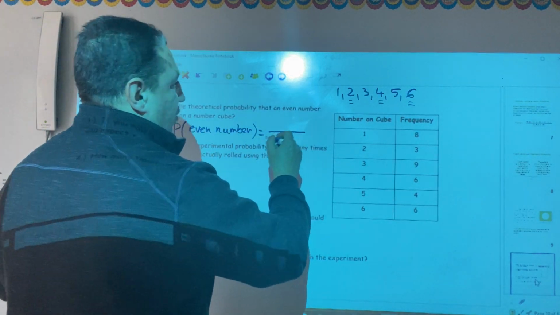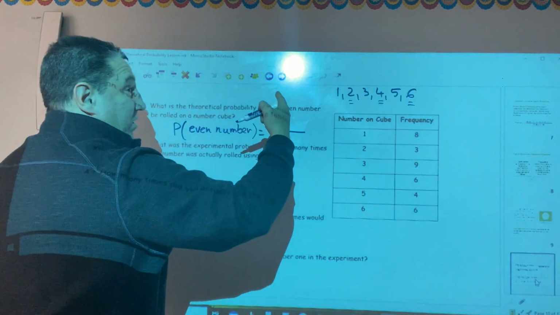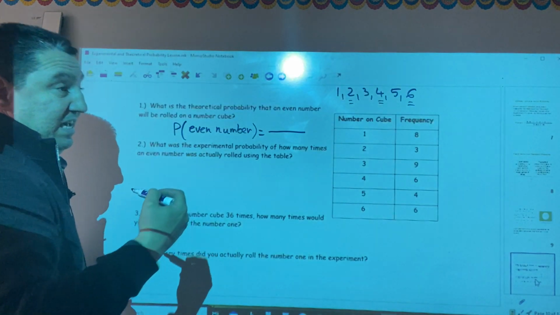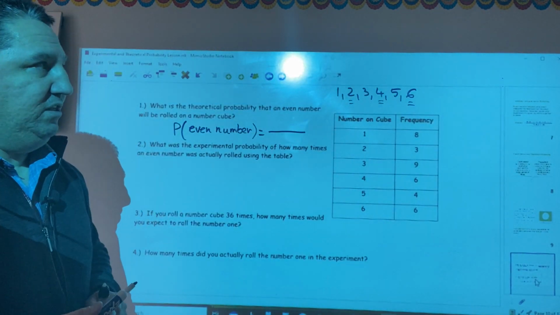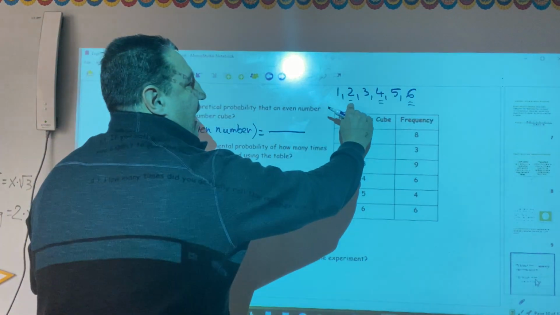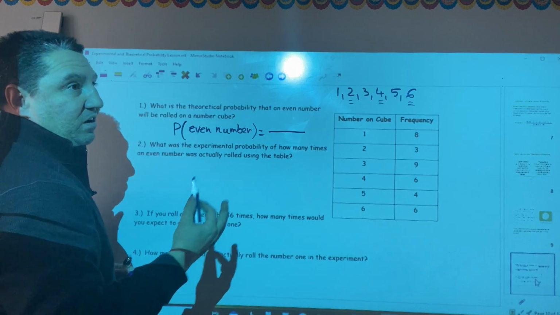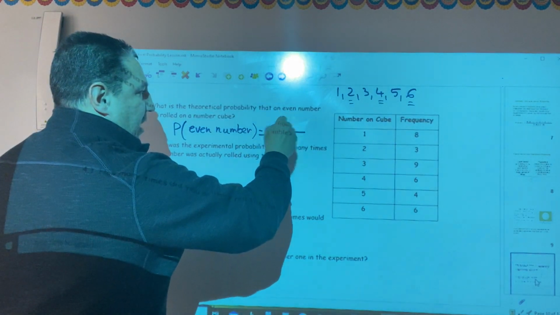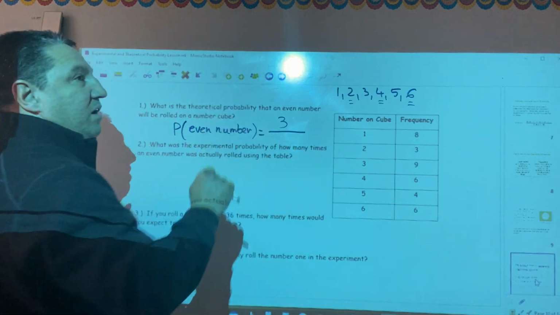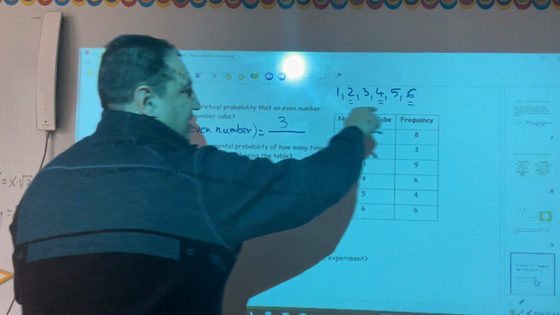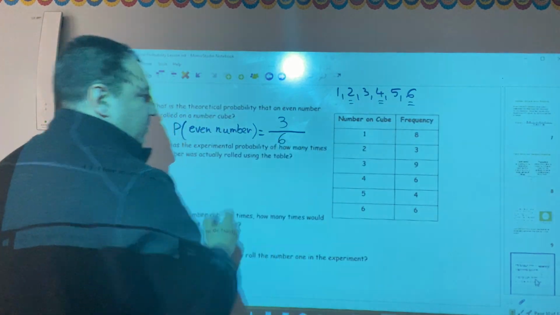Is the ratio of the number of favorable outcomes, assuming they are equally likely, yes? And we have 3 such favorable events, so 3 would be on top, and over the total number of events, which is 6, because we have 6 possible outcomes.